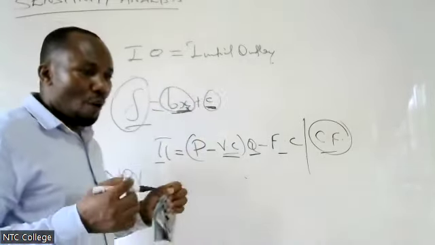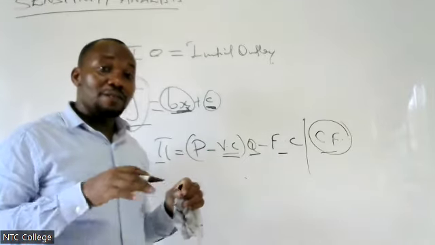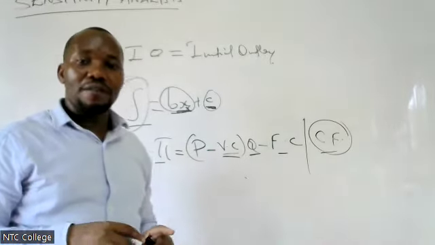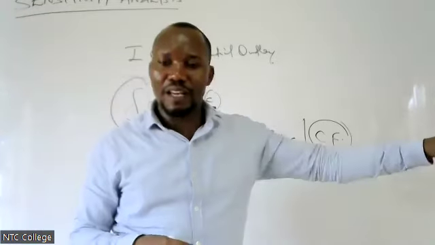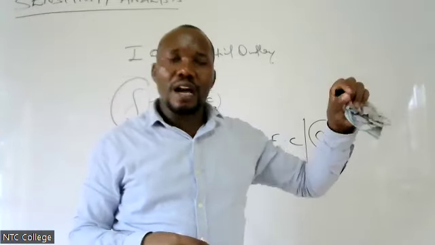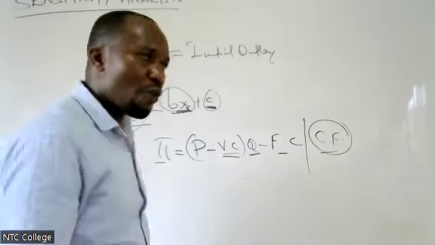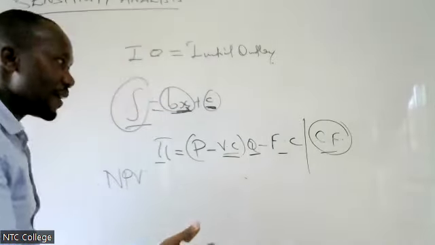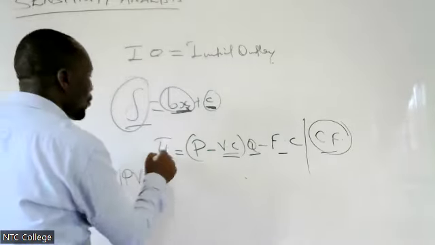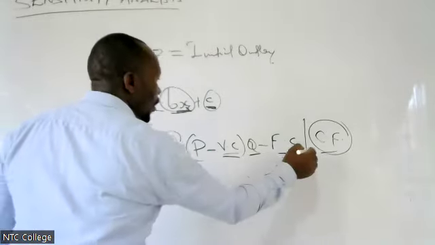So you cannot compare the cost of investment that you incur today with the revenue that you get in the future. You need to discount the future cash flows or revenues so that we can compare them on equal timings. That is why we normally discount the profit, which we call cash flow.